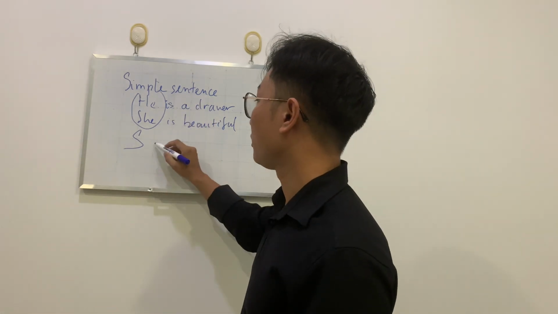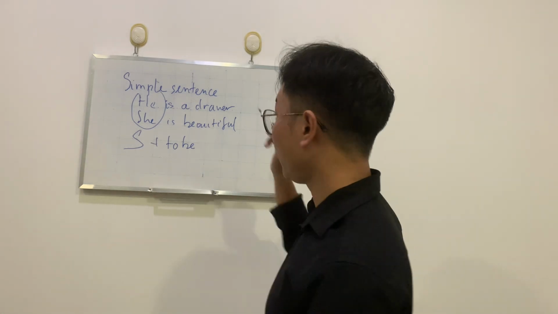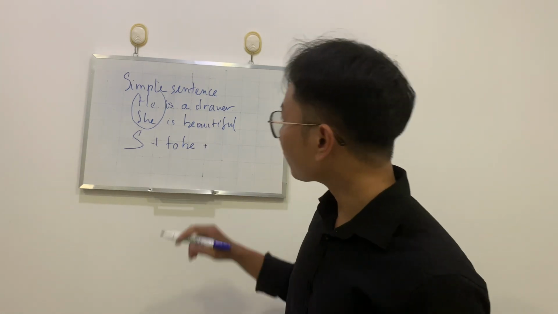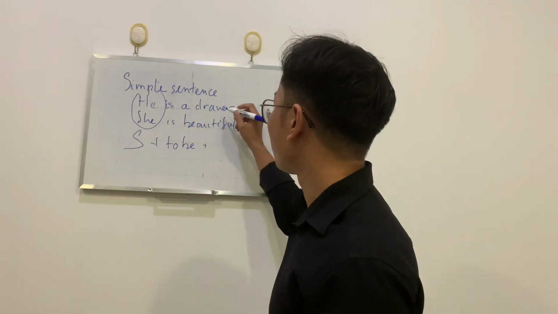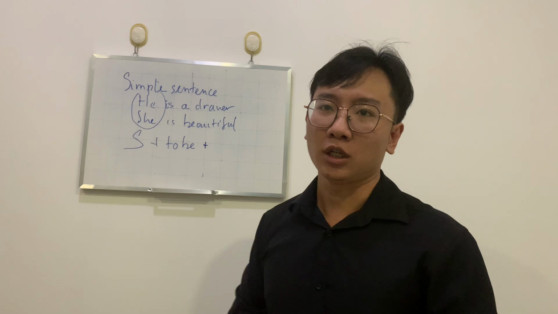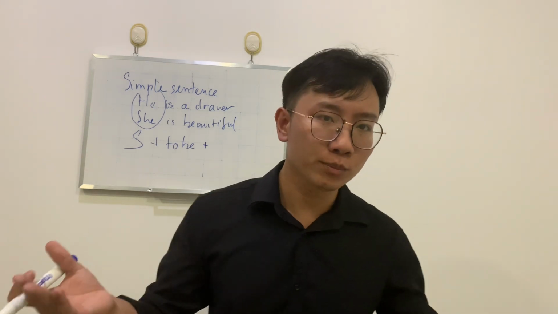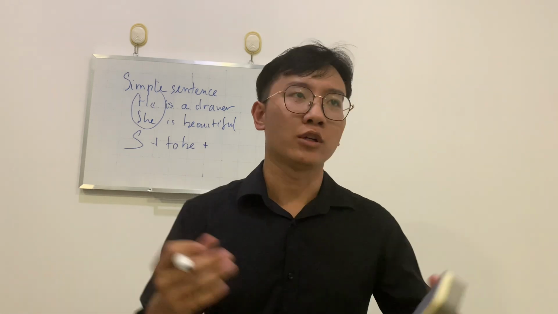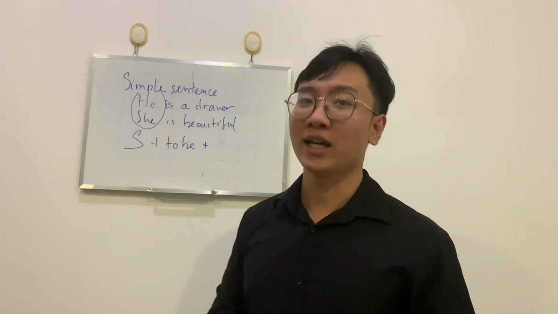So is, to be, and then we have drawer. What is the drawer? What type of word is drawer? Is it a verb, or a noun, or an adjective, or an adverb? Yeah, it's a noun.